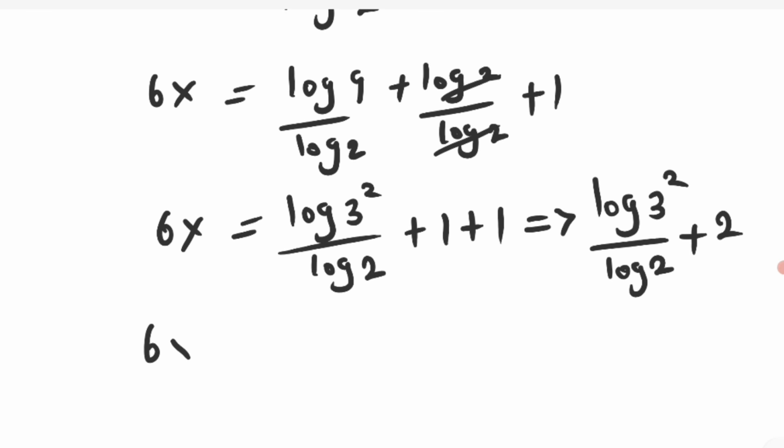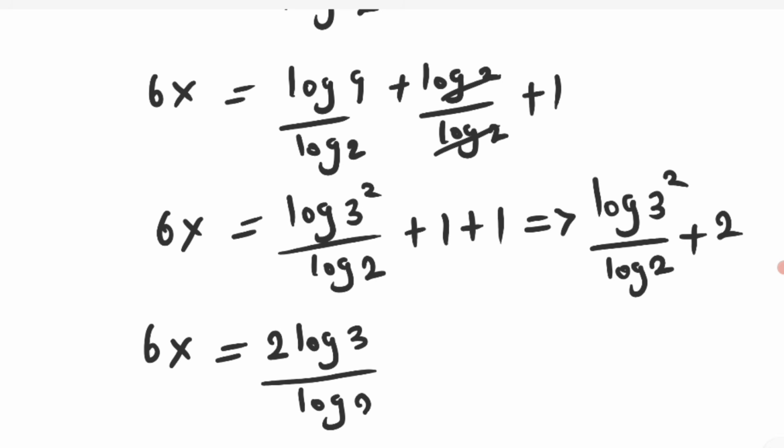Then 6x is equal to log 3 squared can be written as 2 log 3 over log 2 plus 2.